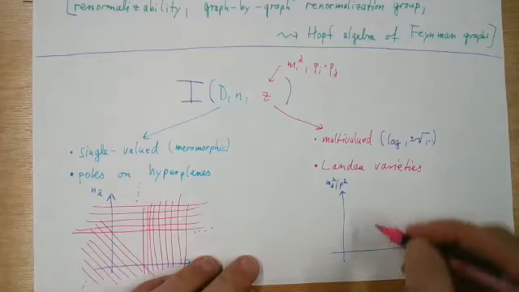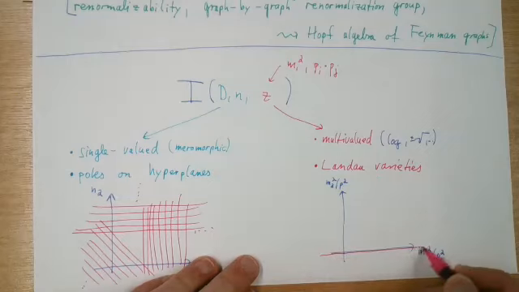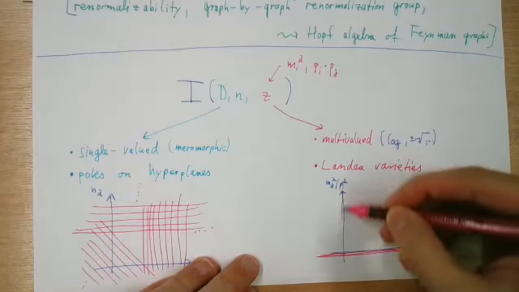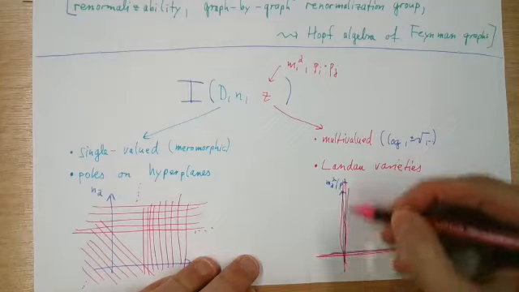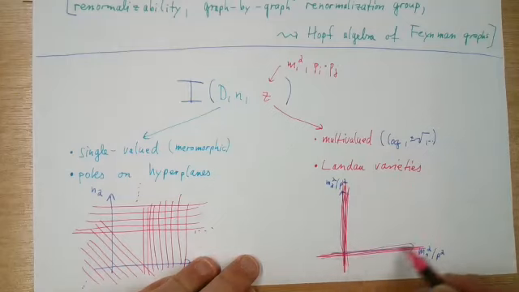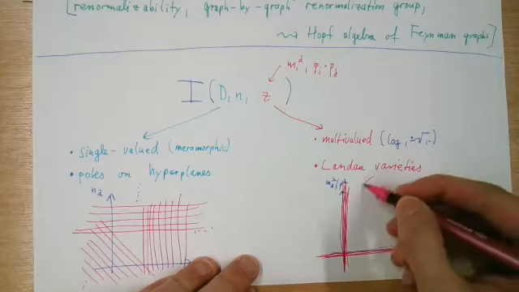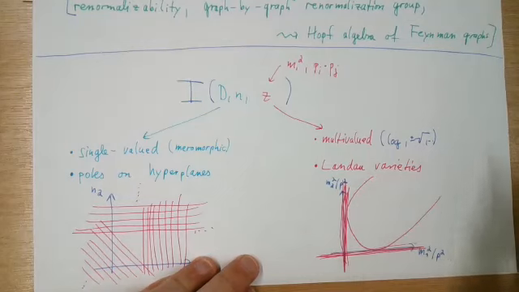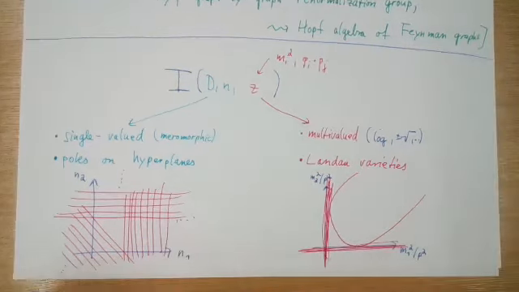For example, there can be linear components as well. So you can have singularities when some masses vanish, for example. So you can have these coordinate axes. But you can also have nonlinear things. And there's only finitely many.